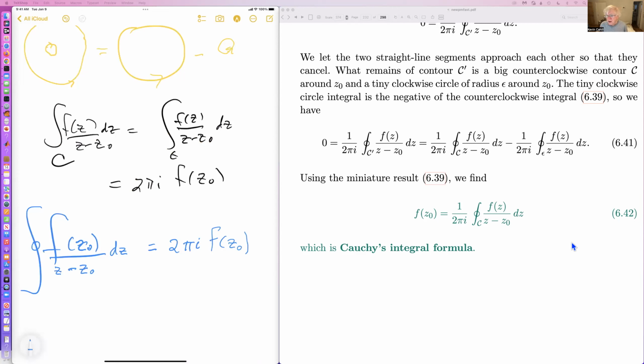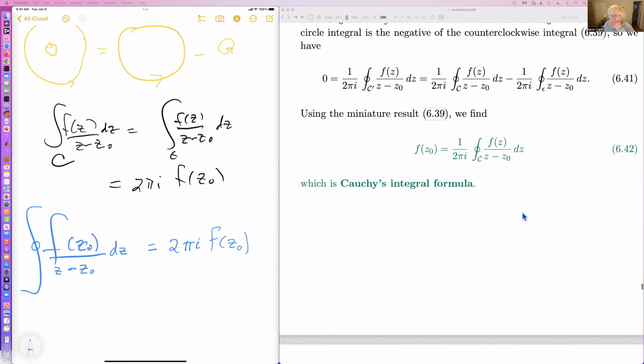Okay, so that's Cauchy's integral formula, and it's extremely useful. It's used all the time in complex variable theory.